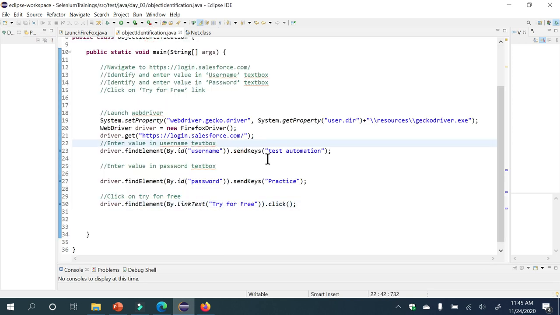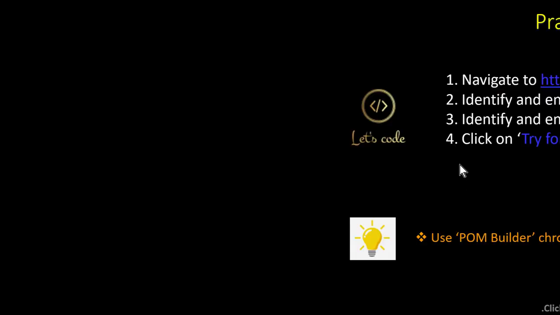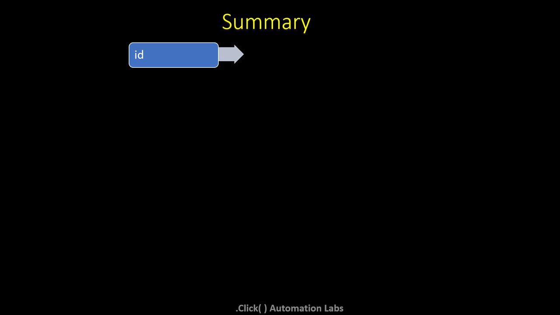The POM builder we will see in coming sessions, how to install it and how it will be useful. Just to give you a summary, we have just seen object identification in Selenium. Object identification is done by using locators, and these are the few important locators. One is ID: driver.findElement by.id and the ID value.